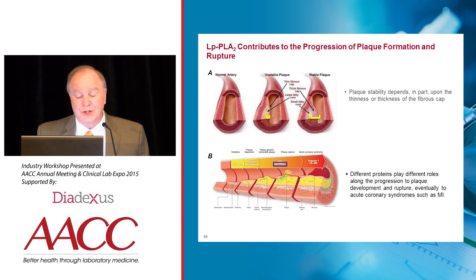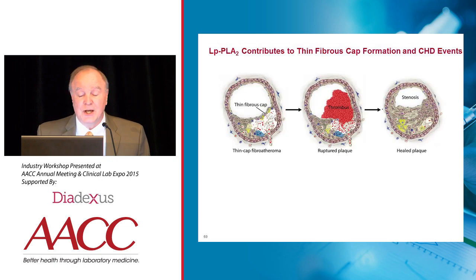Now, we've been measuring all of these molecules over the years, but we haven't been measuring an activity molecule that tells us actually about the thinning out of the fibrous cap. So that's pretty exciting. We'll be able perhaps to identify those patients that are at risk for thrombus formation with the leakage of these thrombotic factors into the area here of the blood and getting a clot forming.